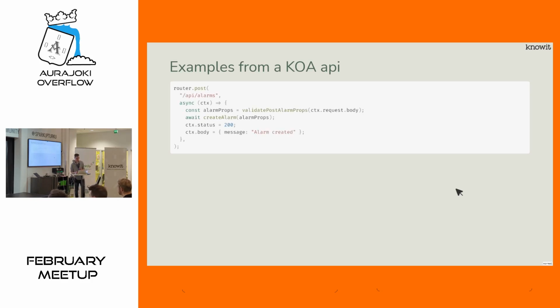And here's a very simple API endpoint called alarms. The goal of this endpoint seems to be that a user of the API sends an HTTP POST request to the endpoint called alarms, and then we call a function called createAlarms, which obviously creates an alarm, and then at the end we tell the user if the job was successful.